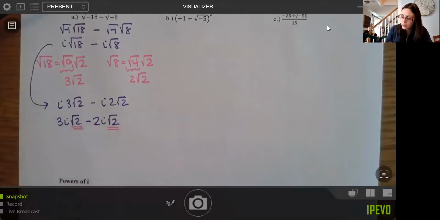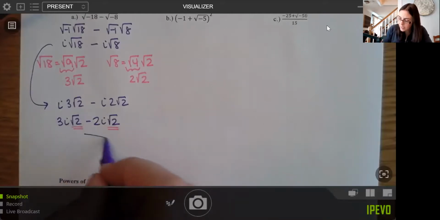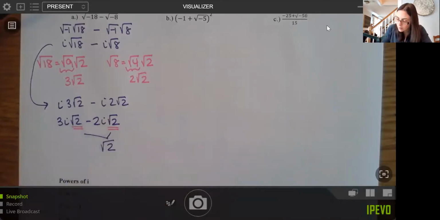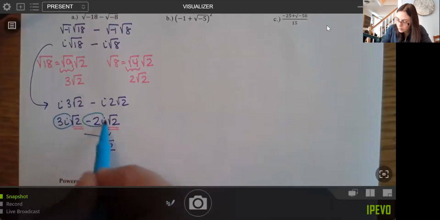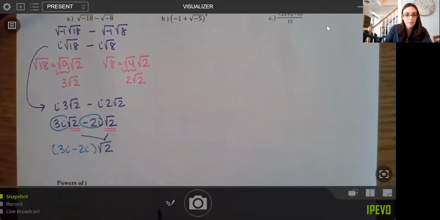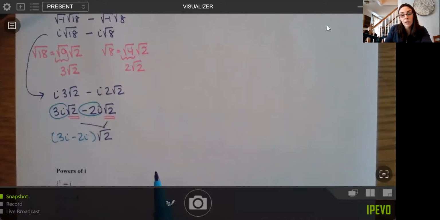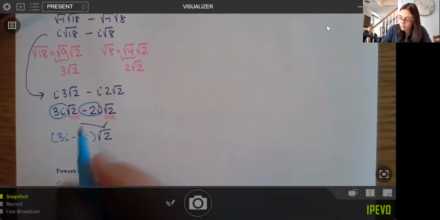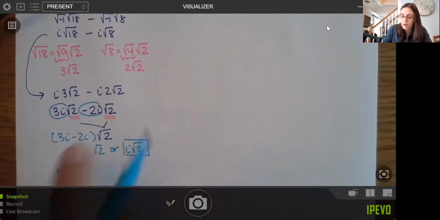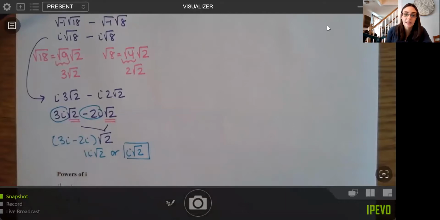So what you do is that square root of 2 comes down, and then you subtract those outside numbers. So you're doing like 3i minus 2i. Well, 3 minus 2 is just 1, right? So this becomes 1i root 2 or just i root 2. We don't need the 1 in this case because 1 times i is still i.